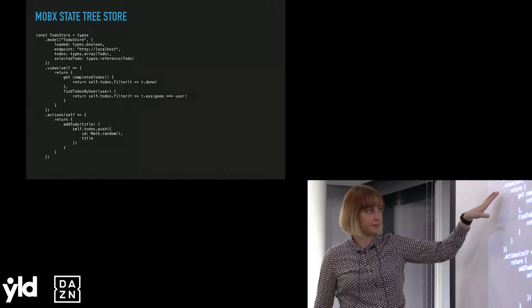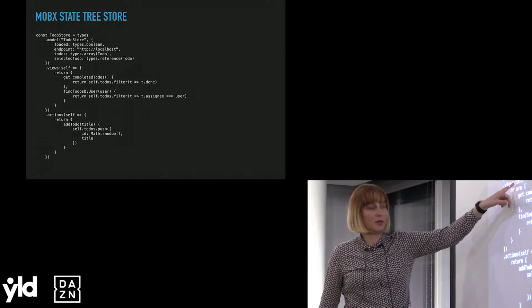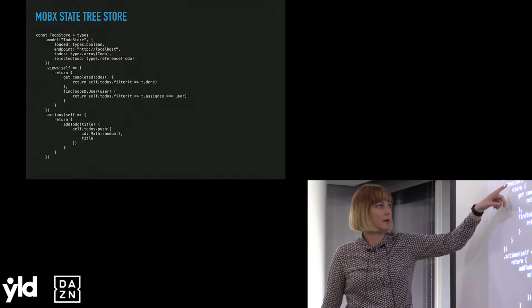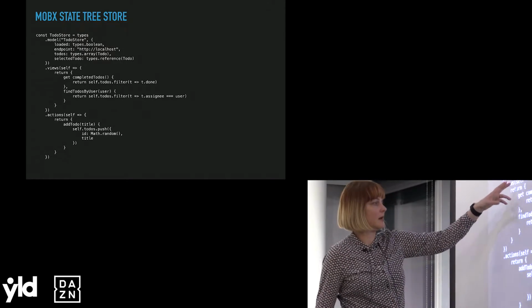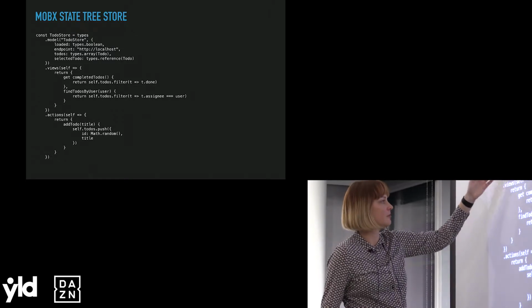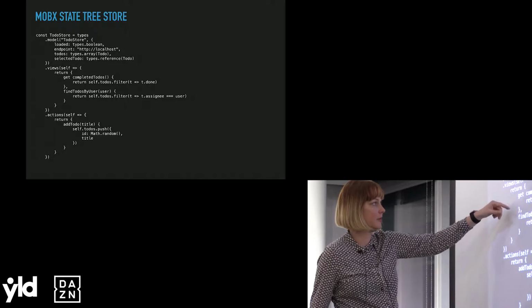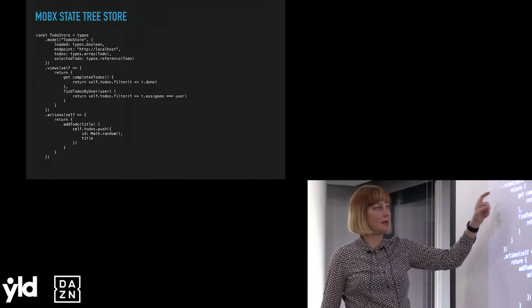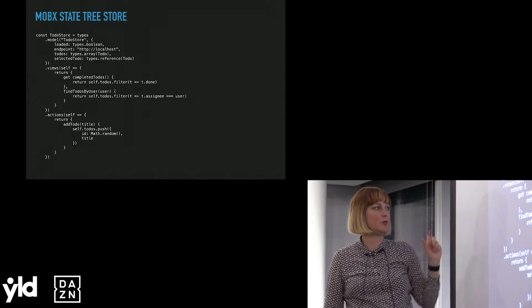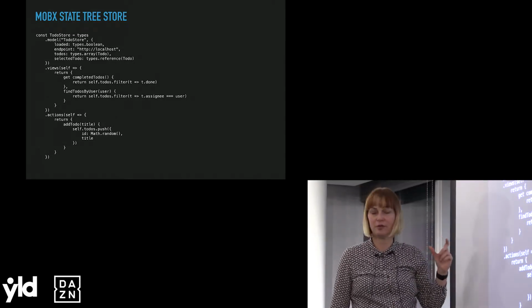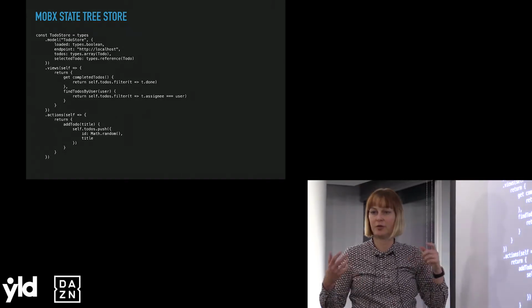Views accept a function that has a parameter self, and we can use two types of functions inside the views to derive or compute other values.